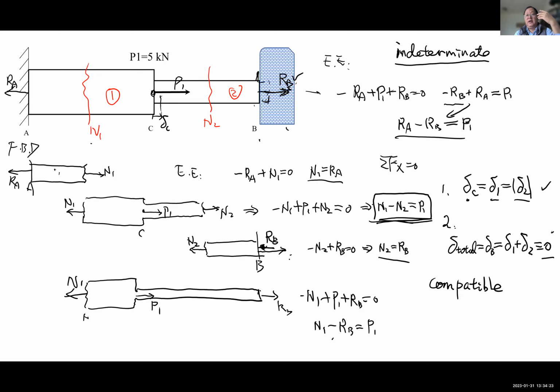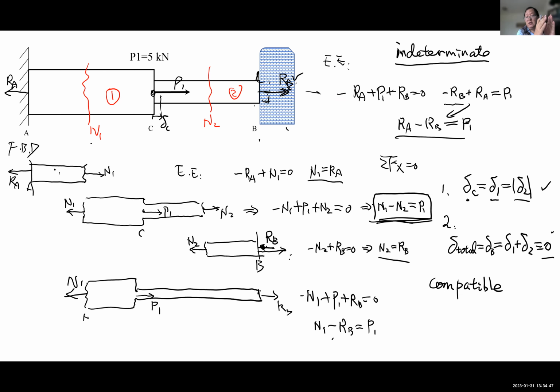So we looked at the deformation. The deformation of bars 1 and 2 have to match each other, they cannot deform randomly. Otherwise, it will break apart maybe at point C. If the structure is intact and everything is in equilibrium, they must have a certain relation. And then we found that point C has to move, right?